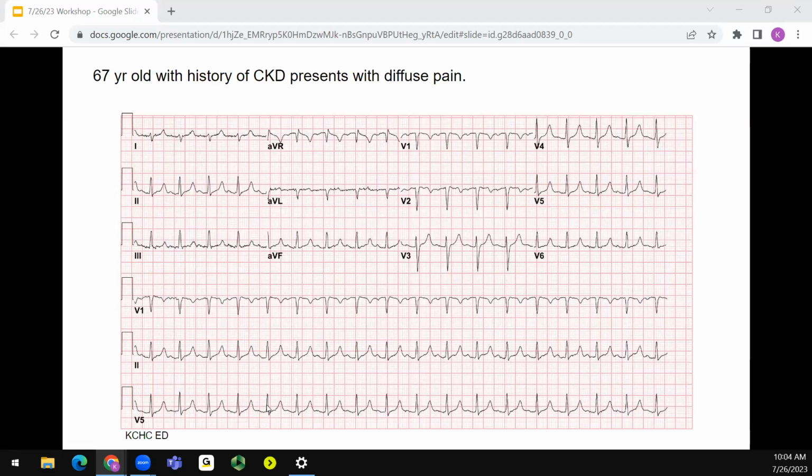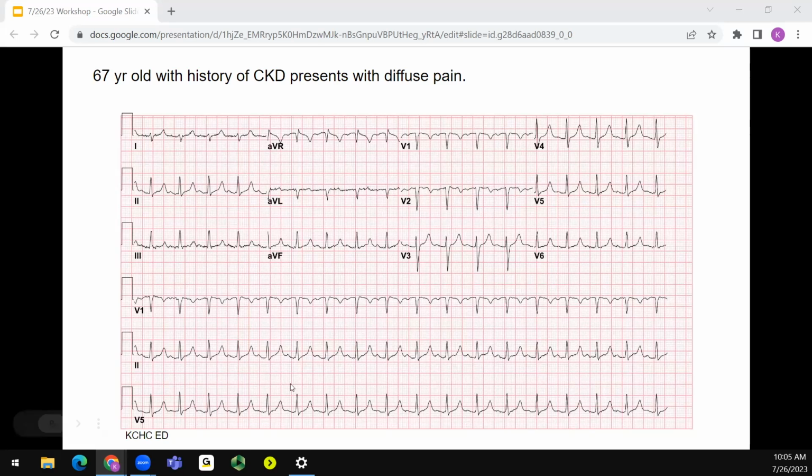All right, a 67-year-old with a history of CKD presents with just full body pain. Let's see. What's going on here? Is this sinus rhythm? Someone says sinus tach.